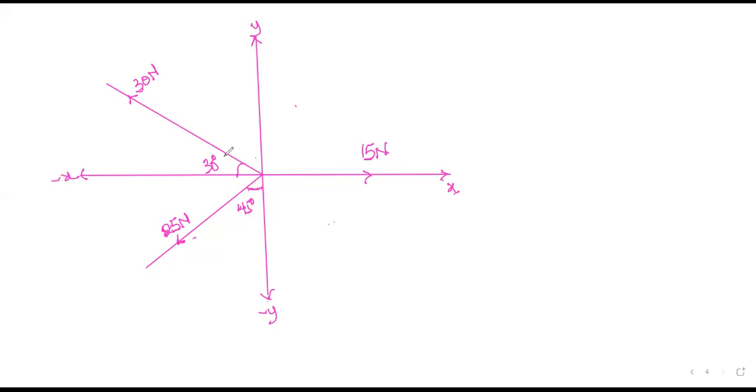We can only apply that to 2, but when we have 3 or more, we must use the method of resolution of vectors. So pick each one of them and resolve it into its vertical and horizontal. So let's assume this is F1, this is F2, and this is F3.